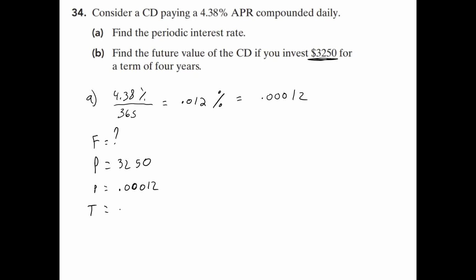So t is 4 years times 365 times each year. So 4 times 365, 1460. So you are going to compound 1,460 times. And so then your future value will be your 3,250 times 1.00012 raised to the 1460.